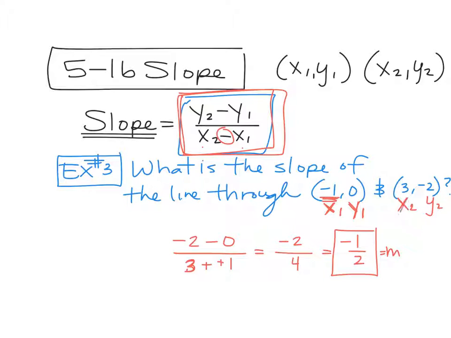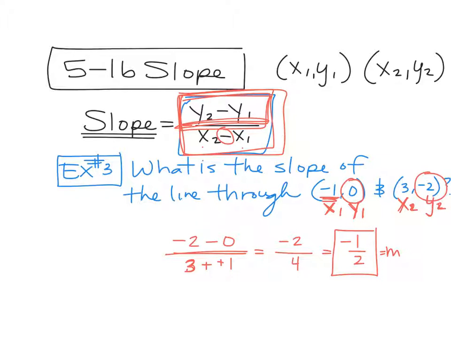That means that this has to be my x2 and y2 then. So my first point, x1, y1, my second point, x2, y2. Then I'm going to take those values, so y2 minus y1, -2 minus 0. That's going to go on top because that's this portion of it, -2 minus 0.